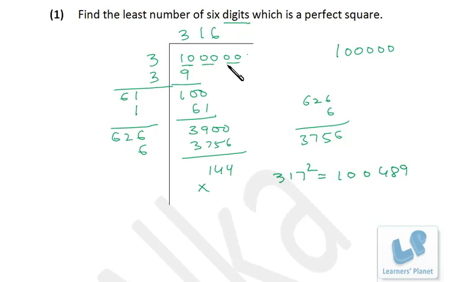So till 1 lakh, that is unit, tens, hundreds, thousand, 10,000 and 1 lakh, 316 point something was the square root. So the smallest number of 6 digits that's a perfect square will be the square of 317, that is 100489. So this will be your answer. You don't have to add or subtract anything, so you don't have to worry. Okay, I hope you are clear.